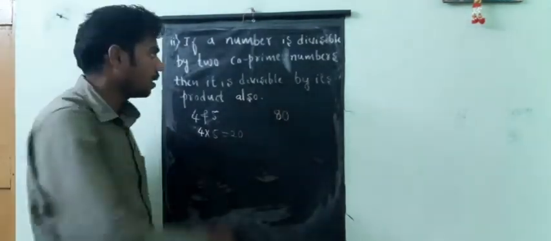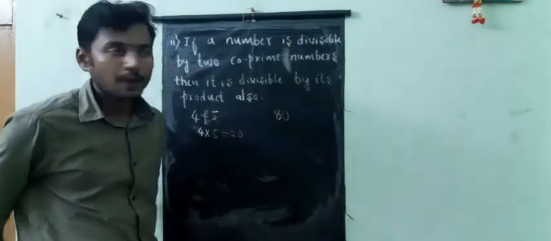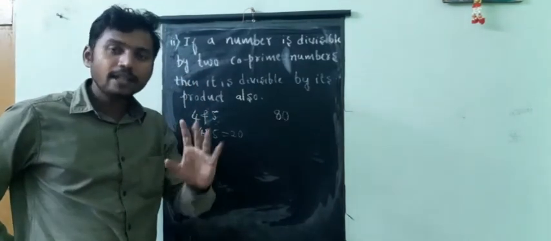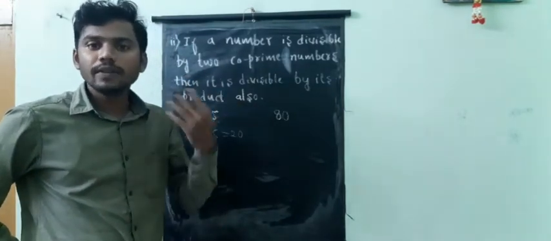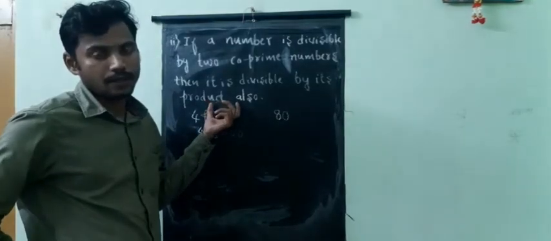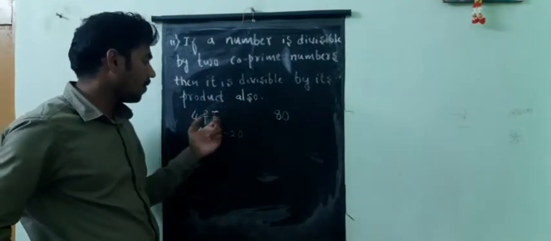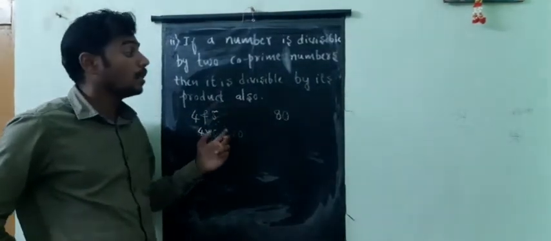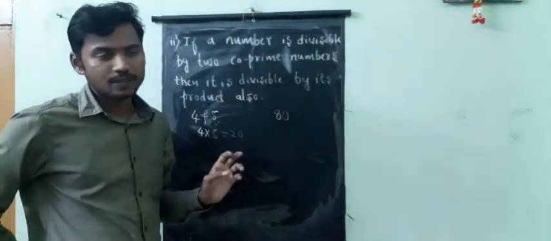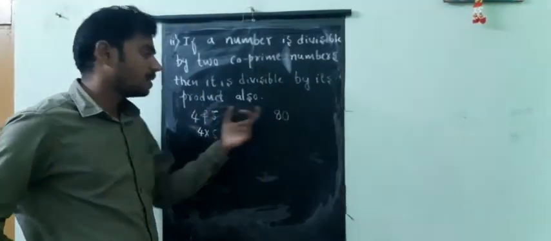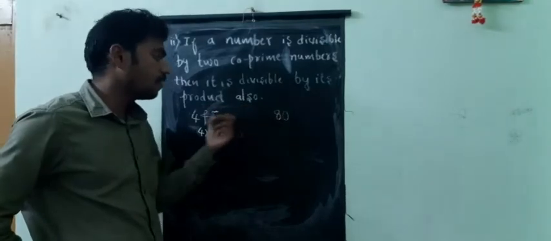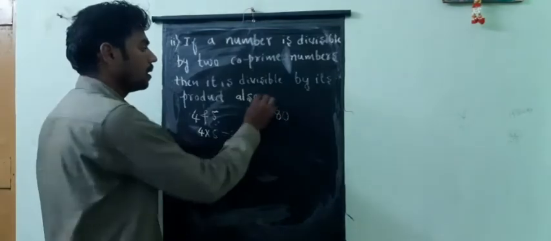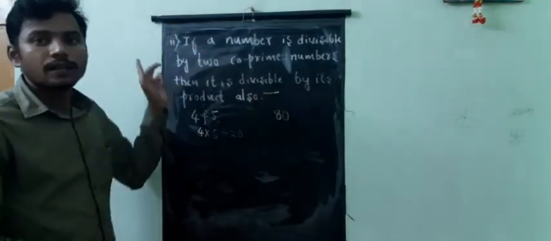That is the meaning of this divisibility rule. 4 is dividing 80, 5 is dividing 80, 4 and 5 are co-primes, then their product, 4 fives are 20, will also divide 80. This is the meaning of this particular divisibility rule.